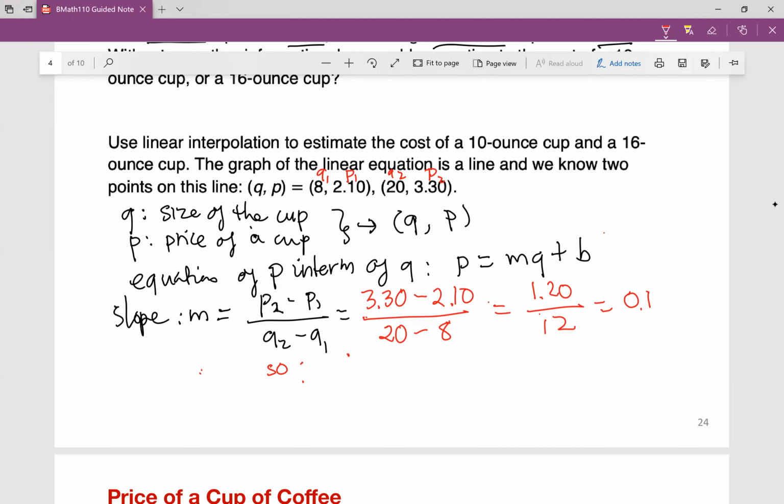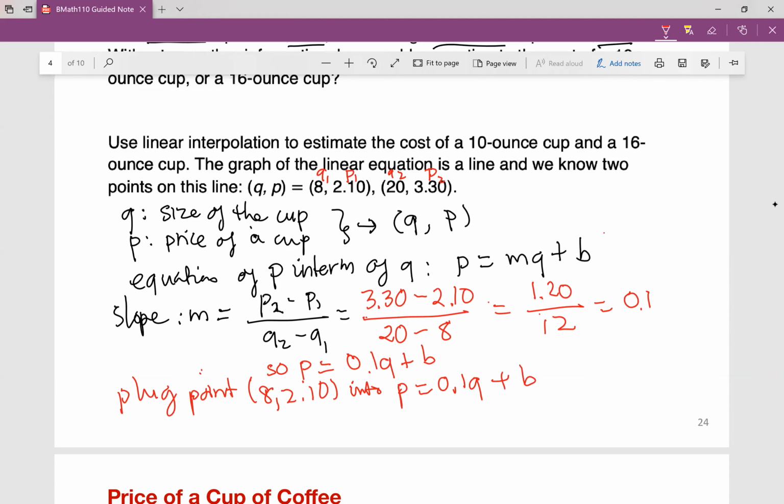So P will be equal to M, which now becomes 0.1, Q plus B, and then I plug the point 8, 2.10 into P equals 0.1 Q plus B. We're gonna have what?